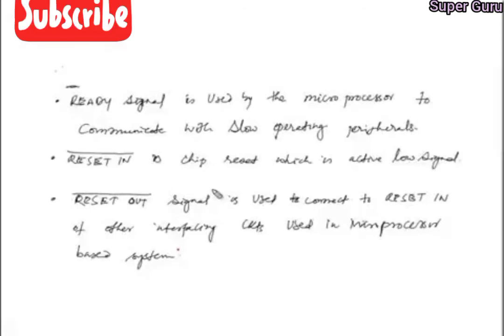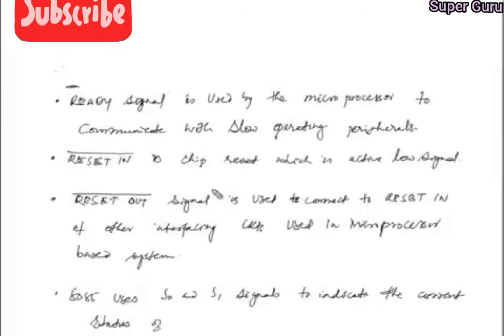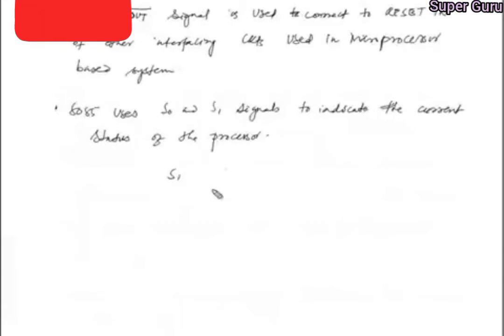The 8085 uses S0 and S1 as status signals to indicate the current status of the processor. So we'll see how it shows the status.